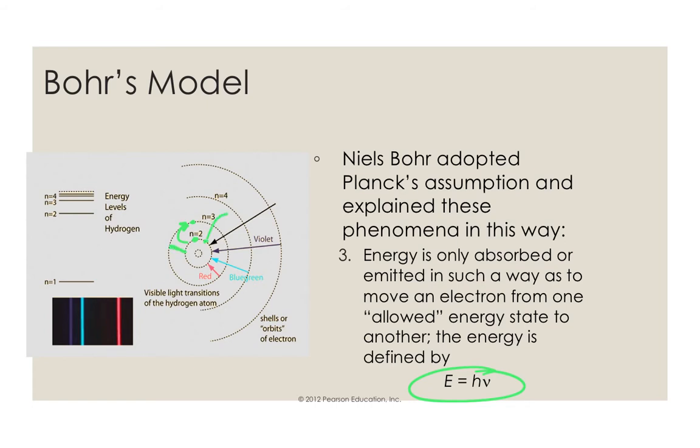Or if I want to move from here to there, I can only move by absorbing that amount of energy, those specific amounts of energy. Likewise, when I come back down, I release energy only in those specific amounts. We know that those specific amounts of energy correspond to a wavelength or a frequency of light. That's where the lines come from. Only the specific jumps that are allowed give off the energy that corresponds to the specific colors of light.